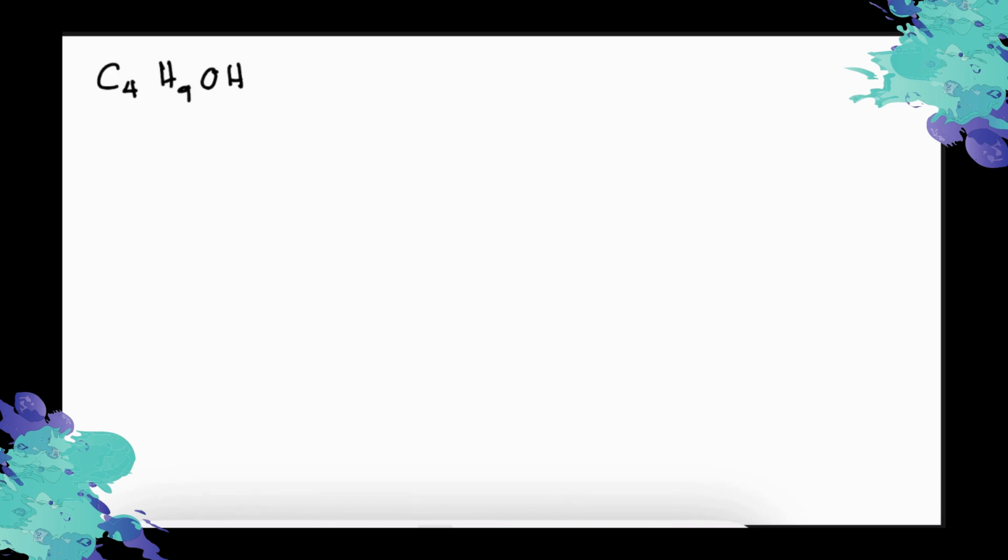As I mentioned in my class, if you have one oxygen, there is a possibility to become alcohol and ether, or aldehyde and ketone. So let's check. We have two possibilities, either alcohol and ether or aldehyde and ketone.